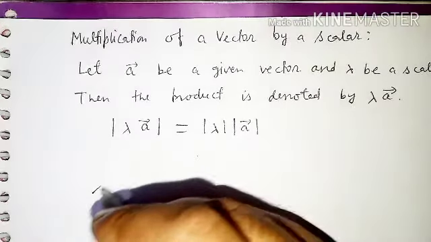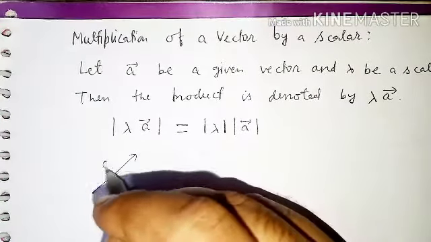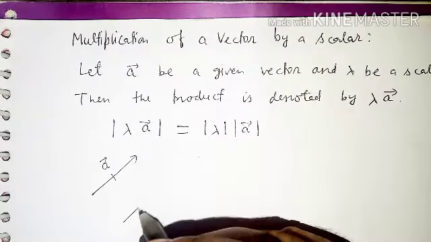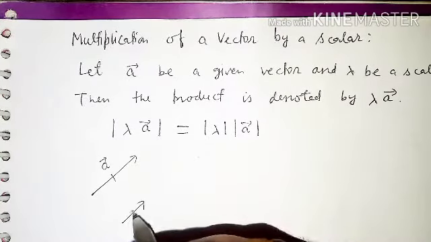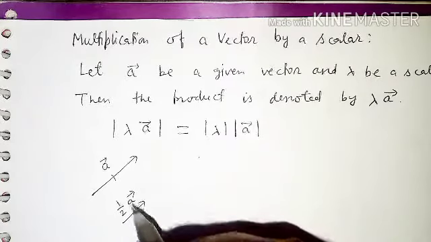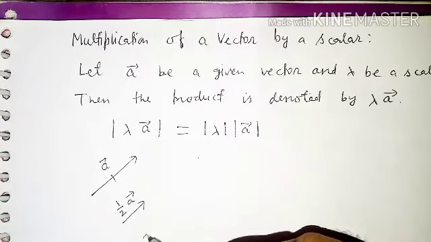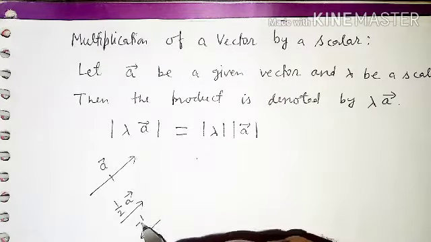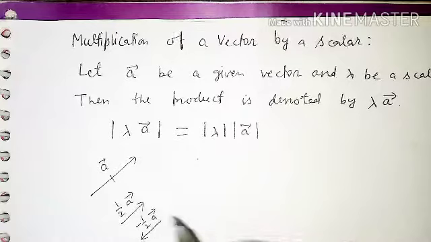If this is vector a, then this will be half vector a and this one will be minus half vector a.